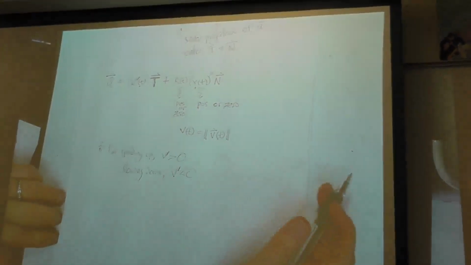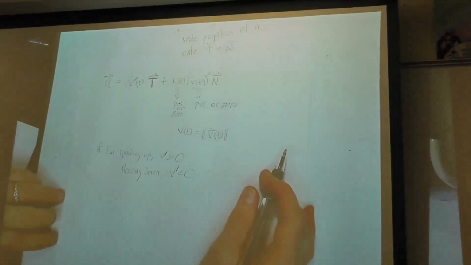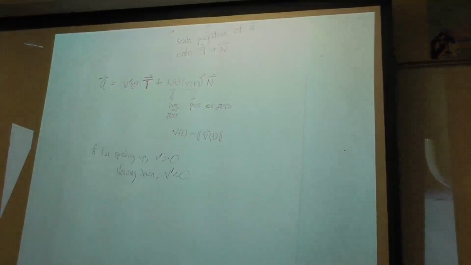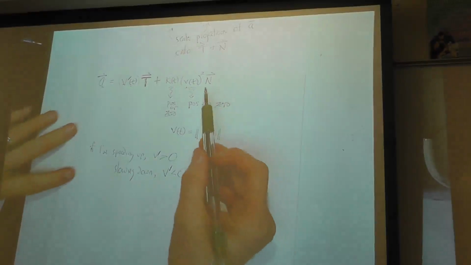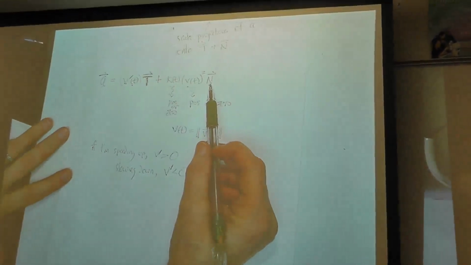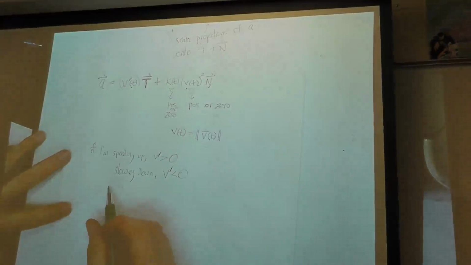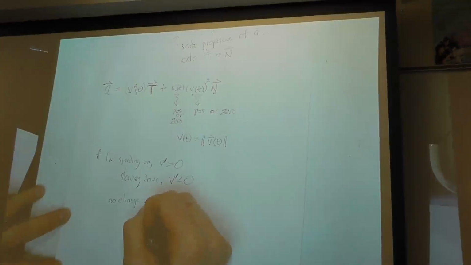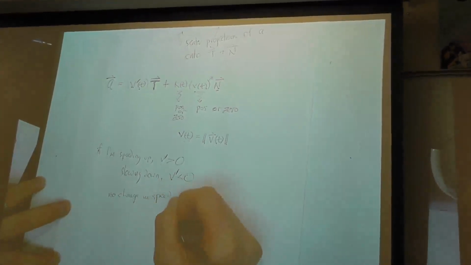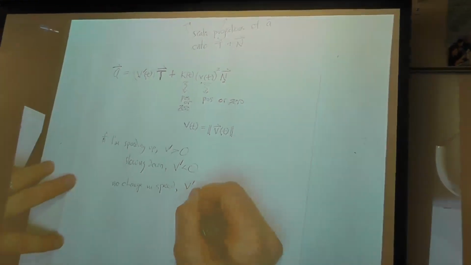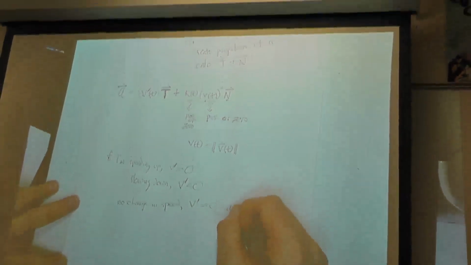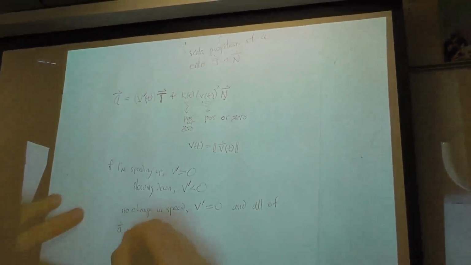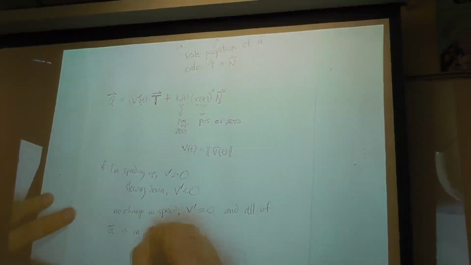And if I've got cruise control on, no acceleration? No, I can have acceleration, but it's going to all be in the normal direction. Okay, so if there is no change in the speed, V prime is equal to 0, and all of A is in the normal direction.